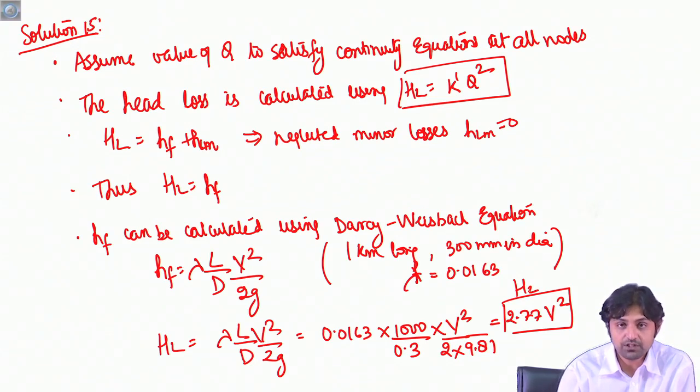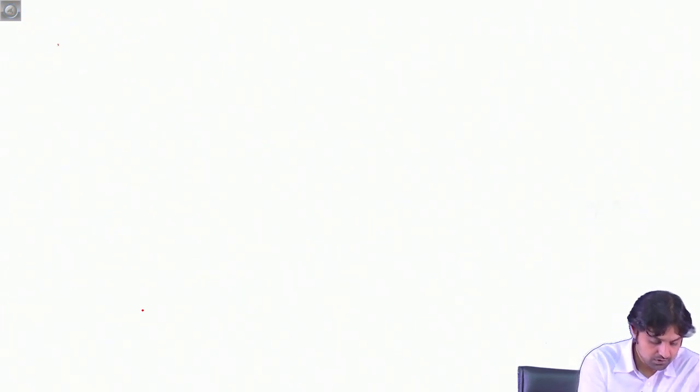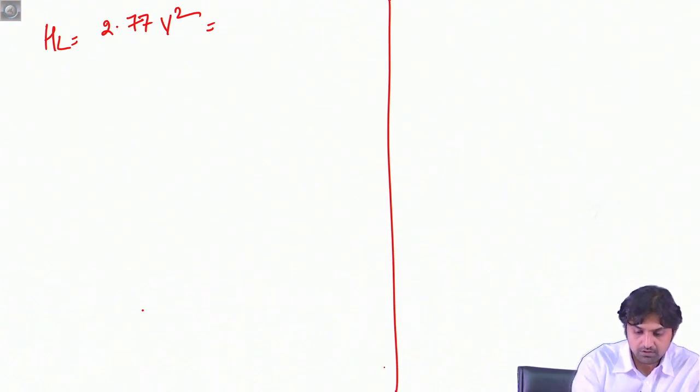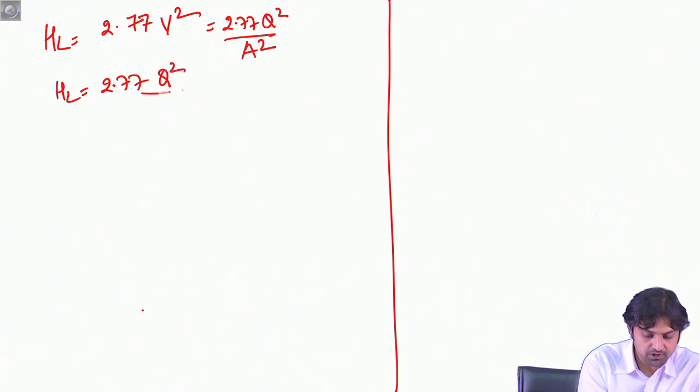But we need to have it in the form of Q. So, HL is 2.77 V square, or 2.77 Q square by A square. What is area?